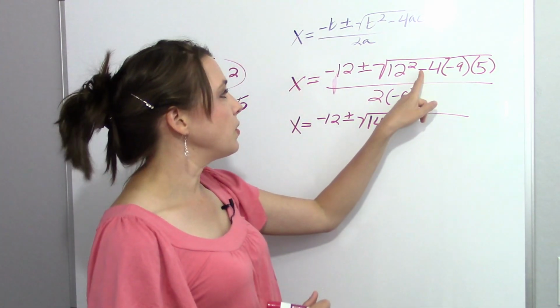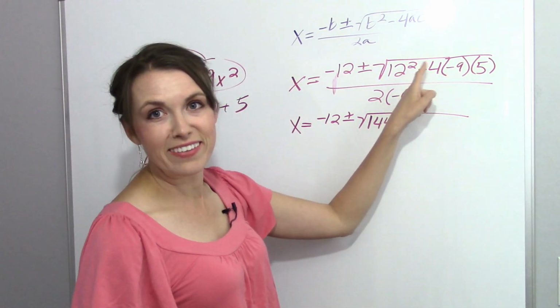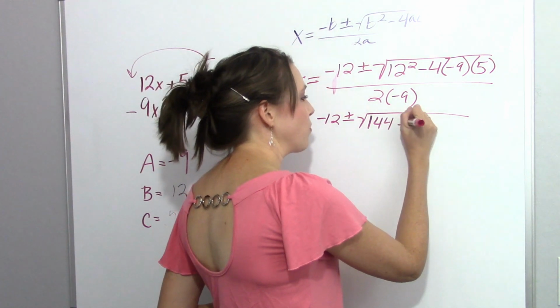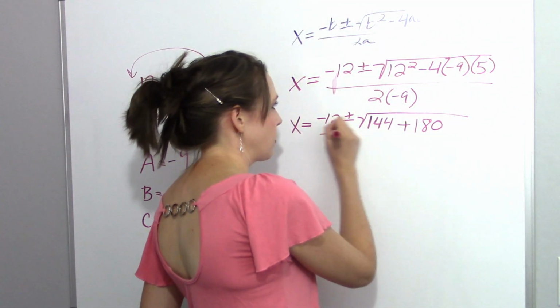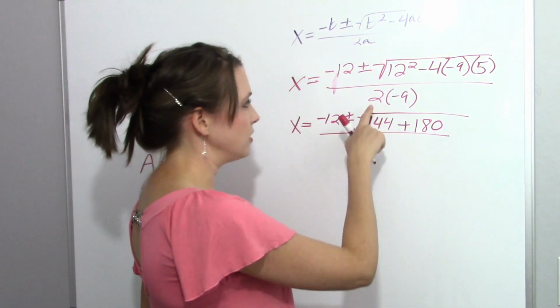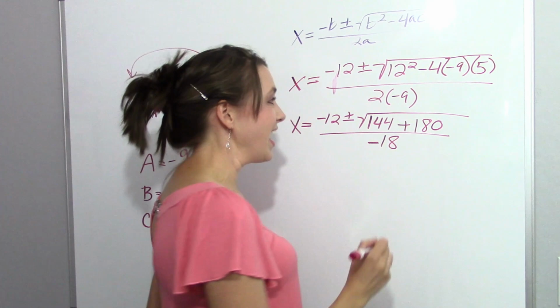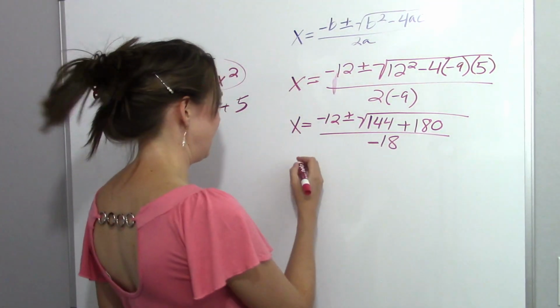Now, notice here I have a negative and a negative, which turns it into a plus, right? So we're going to go 144 plus 180, all over 2 times negative 9, which is going to be negative 18. Let's simplify again.